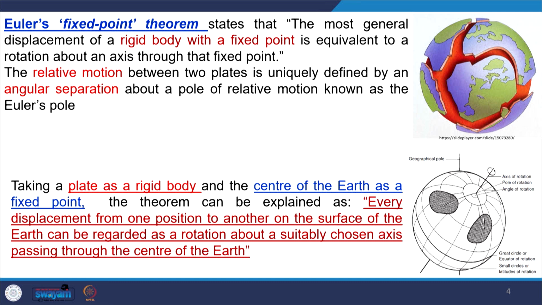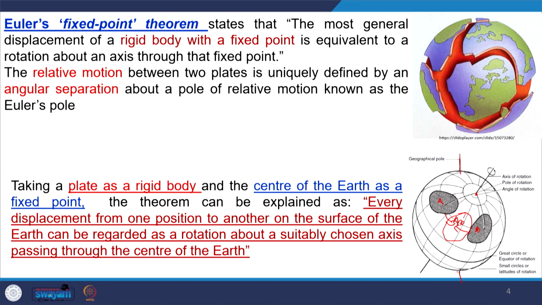For example, you see here the geographic pole or pole of rotation. Now I am talking about these two plates, suppose plate A and plate B. If this motion is traced back, these two plates will merge here forming one plate, for example AB.